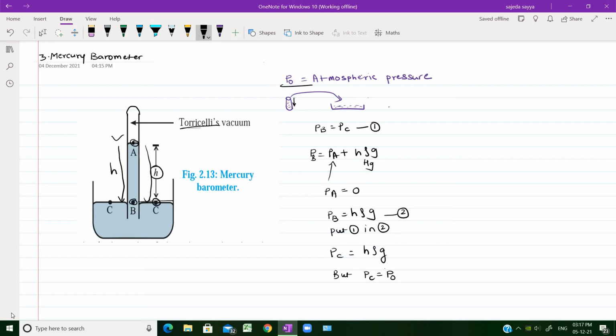Therefore, putting this Pc in the equation, we get P naught is equal to h rho g. So this is the atmospheric pressure calculated for the first time by Torricelli, and so the instrument designed is known as Torricelli's instrument for the measurement of atmospheric pressure. Thank you.